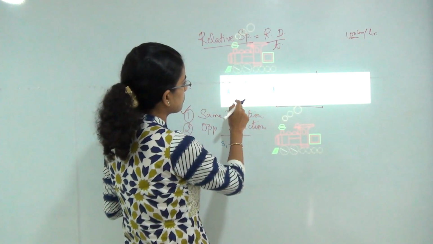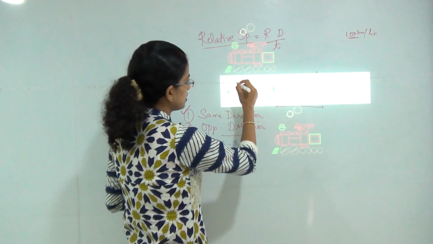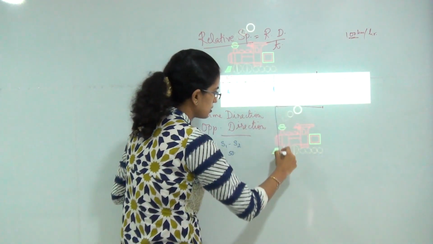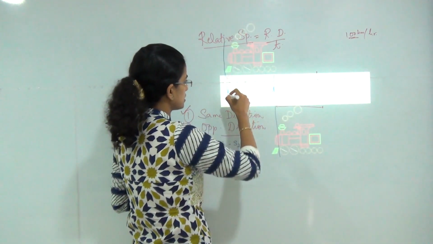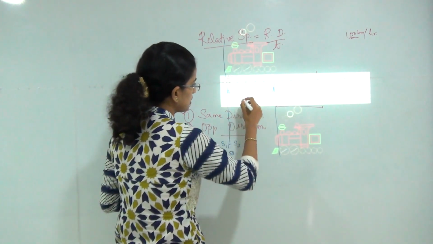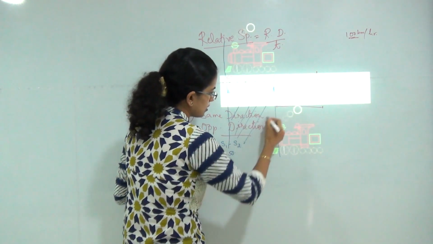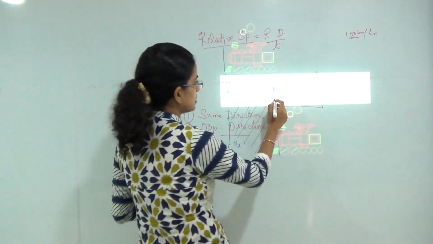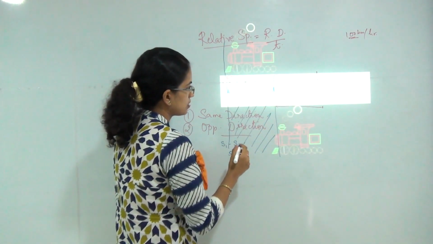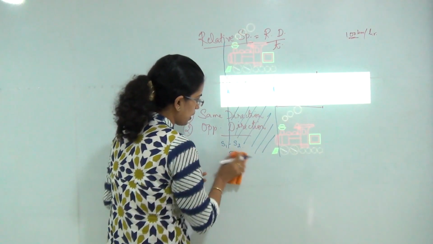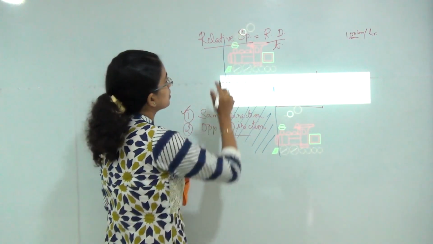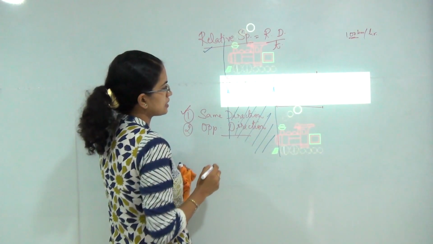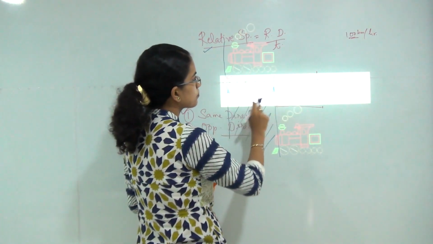Or I can say the locations here: this is where the first train is and this is where the second train is, so that's 150 minus 100, or 50 again. So the difference in the speed, or the relative speed, would be 50 in this case.